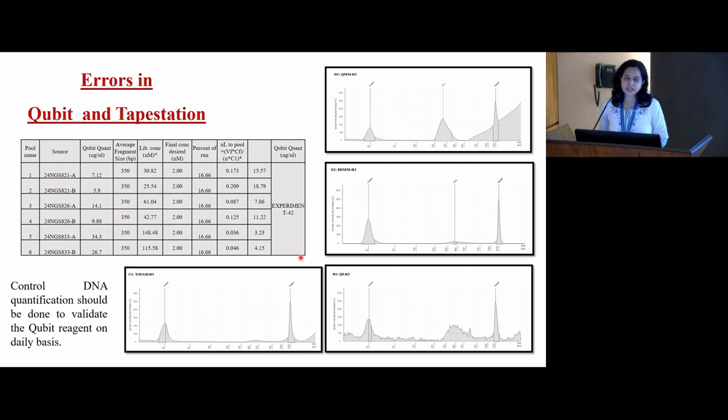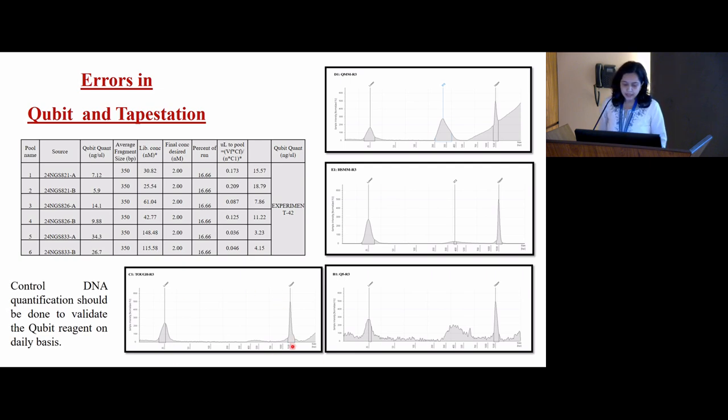Just like in CBC, we run quality check samples. So we put a control DNA every day to check that our reagents are proper. If our values come in the proper range, only then is it acceptable that our reagents are not degraded and we can use them.